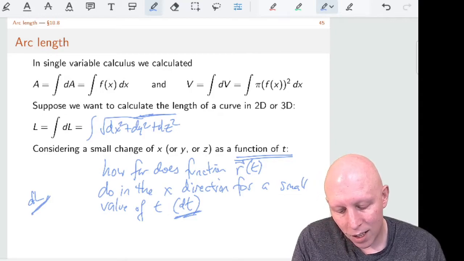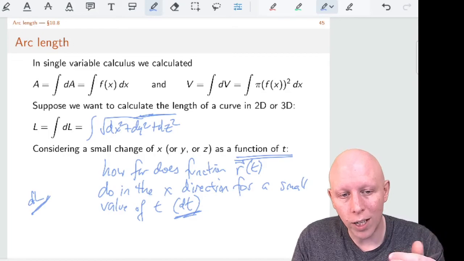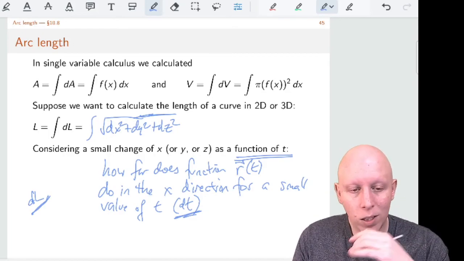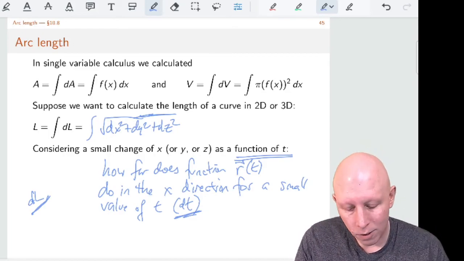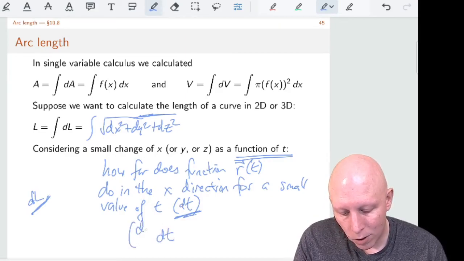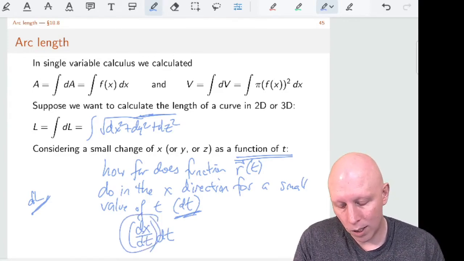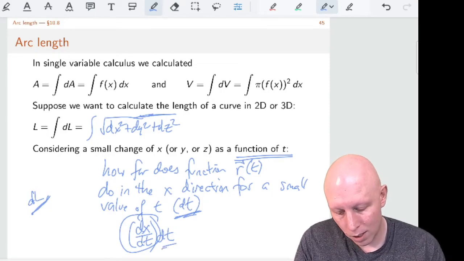The rate at which we're moving in the x direction, or in the y direction, or in the z direction, is going to tell us how far we've traveled. If we have a little bit of dt, then the distance traveled in the x direction is going to be the rate at which we're traveling times that little bit of time, right?